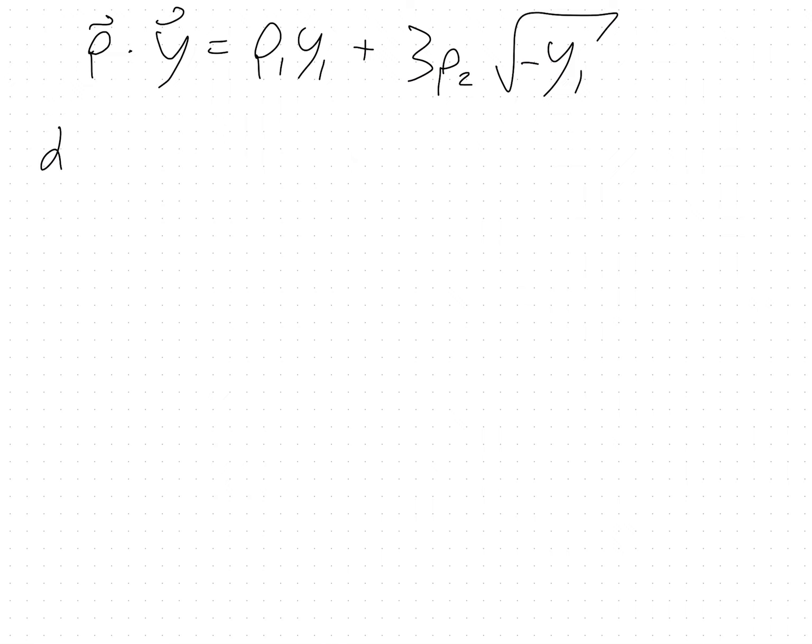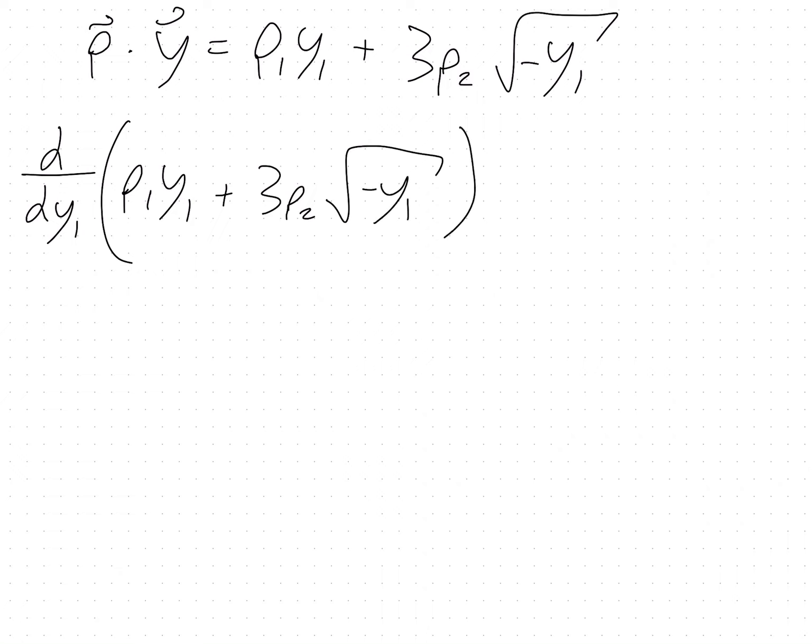So we're going to set this derivative equal to 0. First, we solve for the derivative. And this ends up equaling p1 minus 3 over 2 p2, 1 over root negative y1.